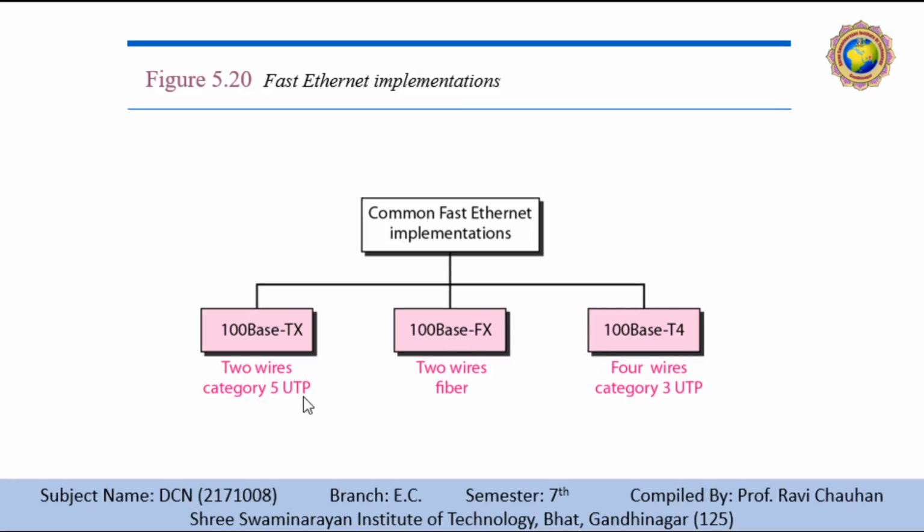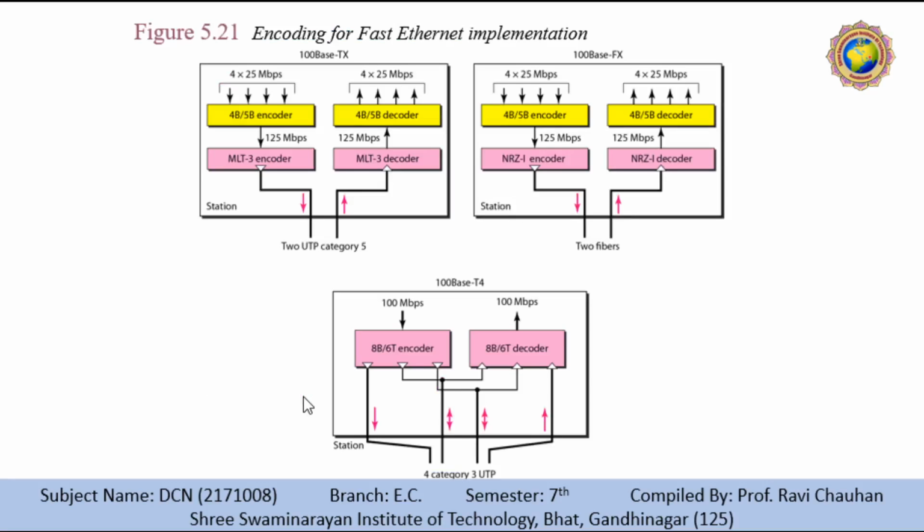So what encoding is used in Fast Ethernet? Manchester encoding needs 200 megabaud bandwidth for a data rate of 100 Mbps, which makes it unsuitable for a medium such as twisted pair cable.